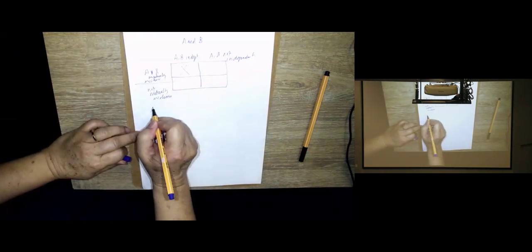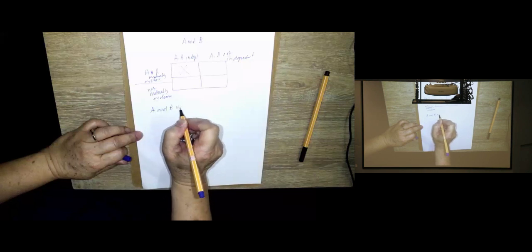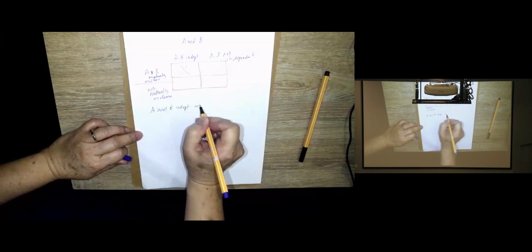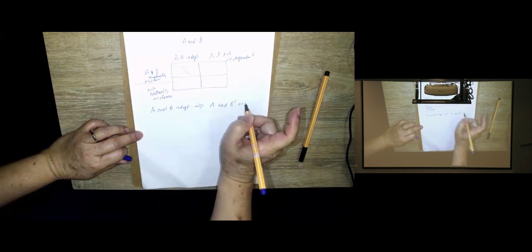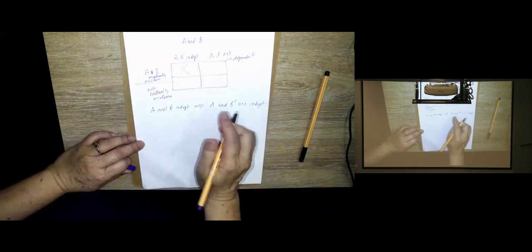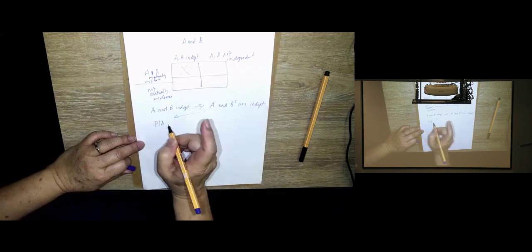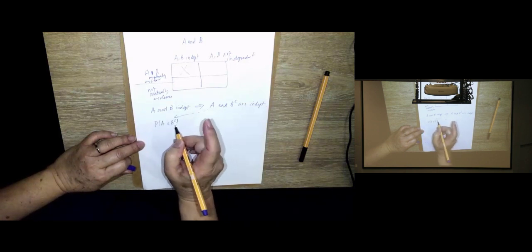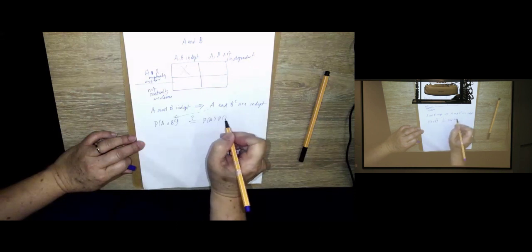So I wanted to show A and B independent implies A and B complement are independent. Okay, so to prove this, I set out to check. All right, so I wanted to prove this.